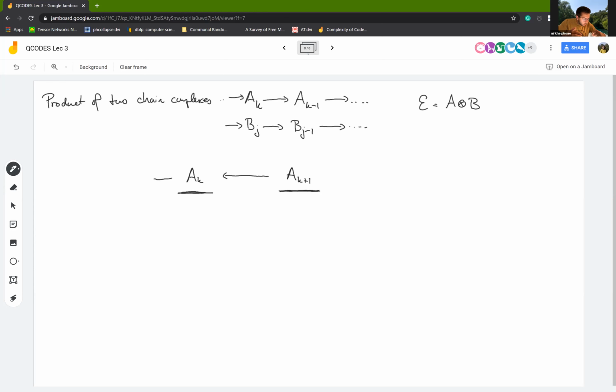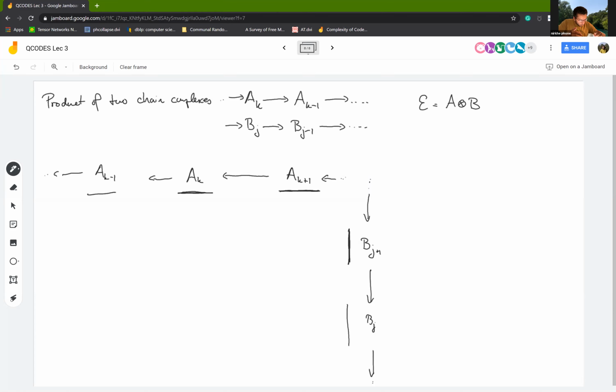And it's another one, right, which takes me to A_{k-1}, etc., etc. And I can think of this as my B_j, let's say plus 1, B_j. And I think of my boundary map going this way. So I have boundary maps as far as I want going in this direction, and as far as I want going in this direction, right?